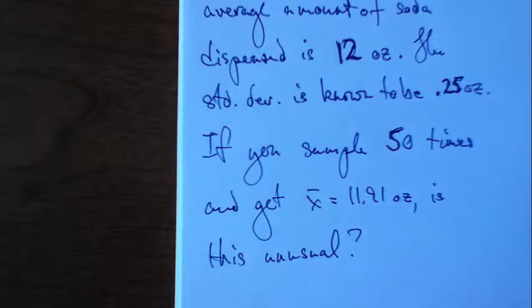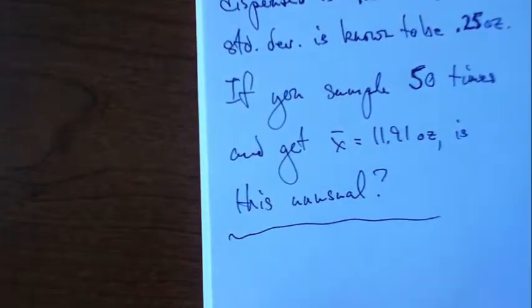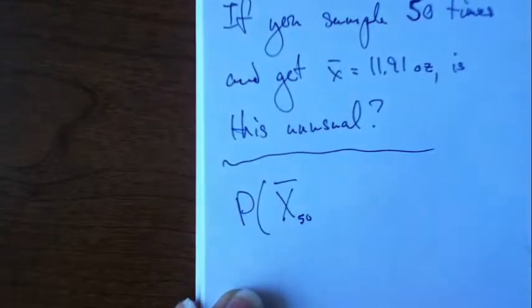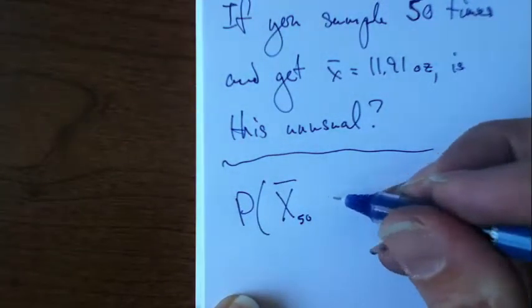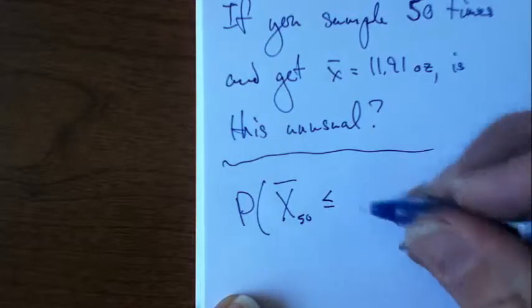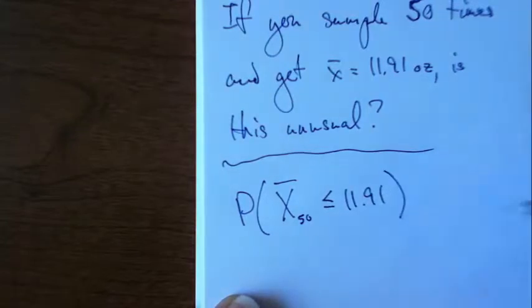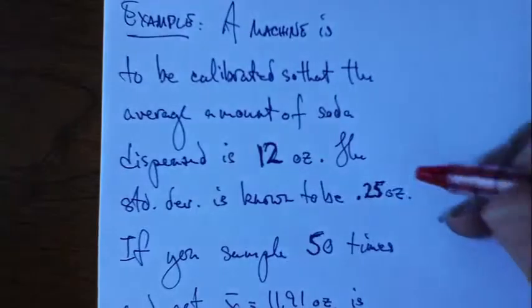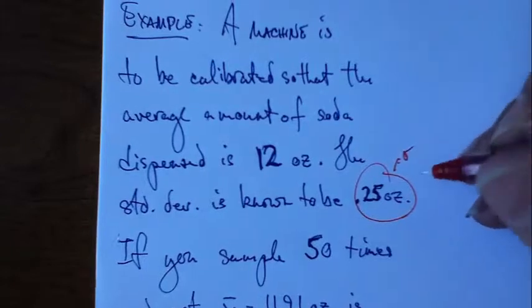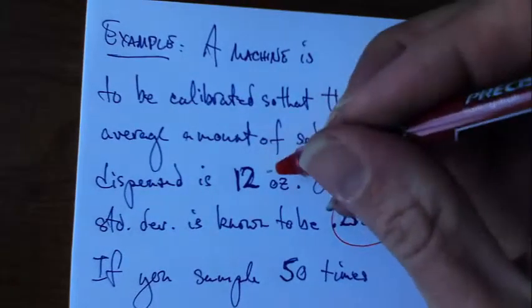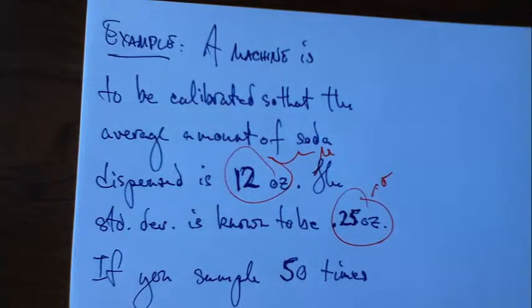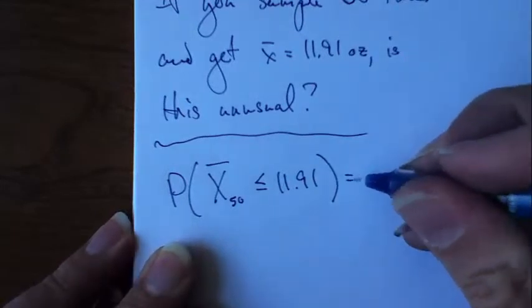That is, let's calculate the chance that a random sample mean would be, that we would observe this, at less than or equal to 11.91 ounces, assuming that this is the actual standard deviation and that this is the actual mean, assuming that the machine is really and truly calibrated correctly.